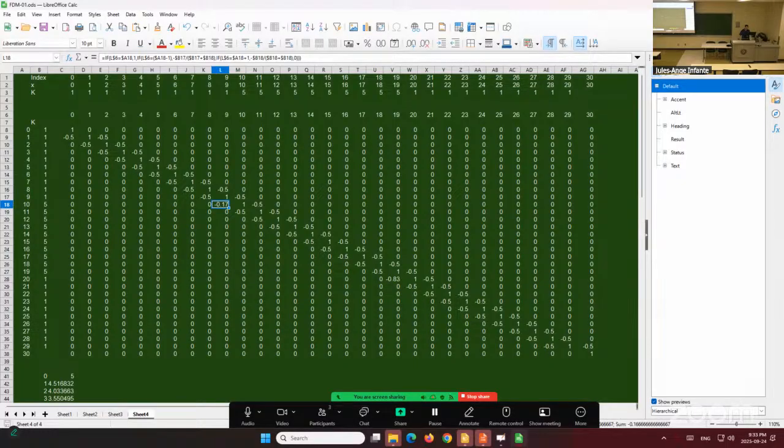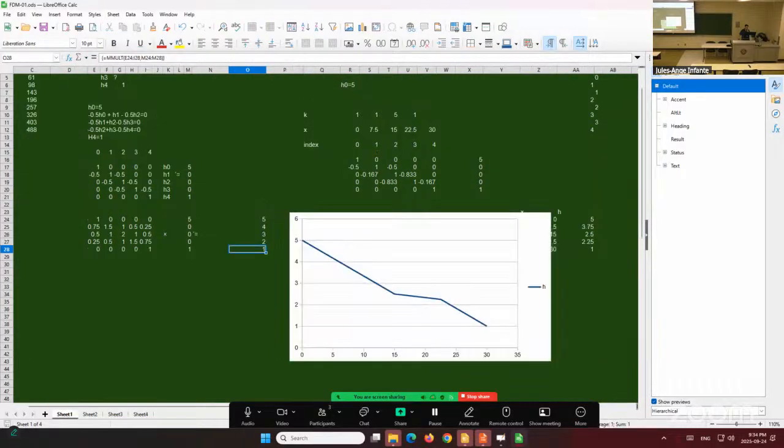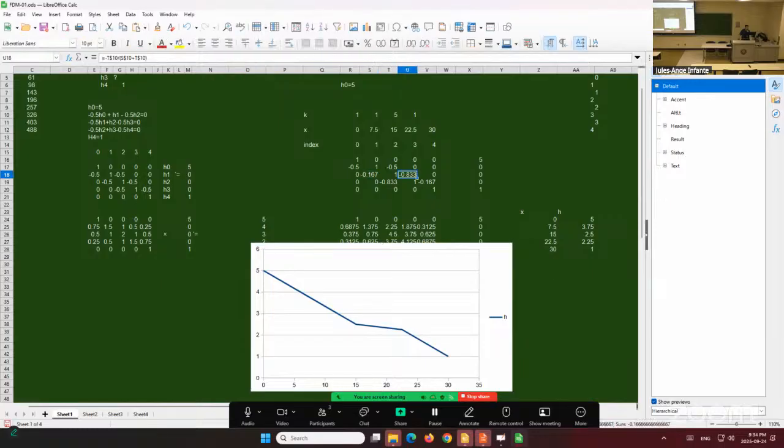At 20, we should also have something. Yeah, we have changes on both sides.